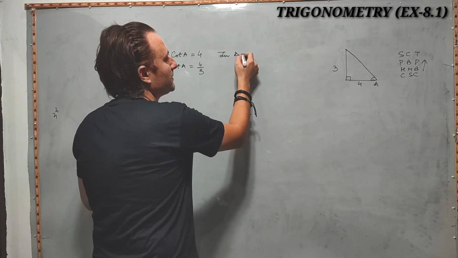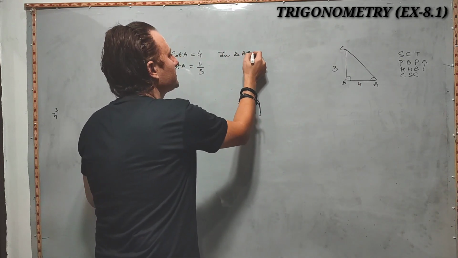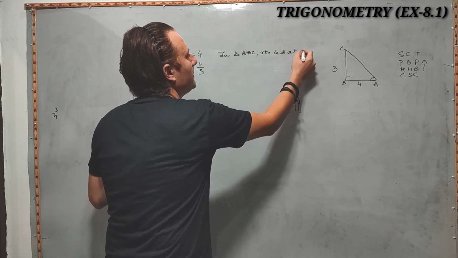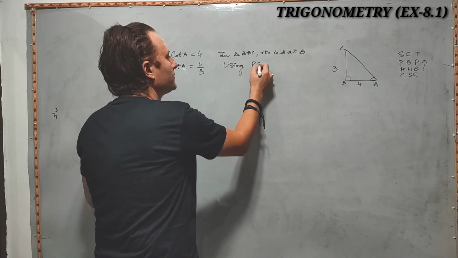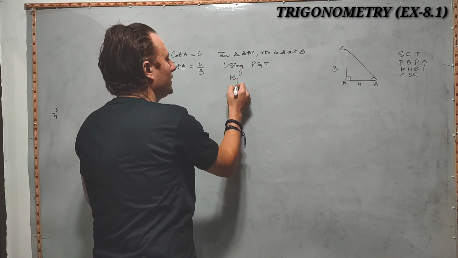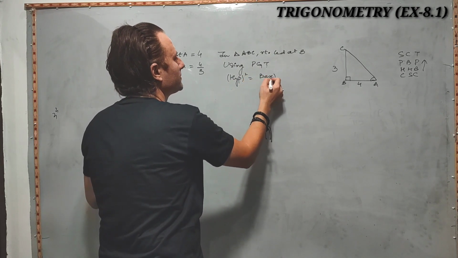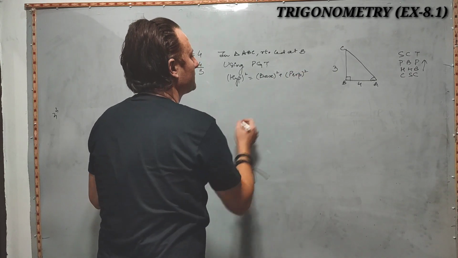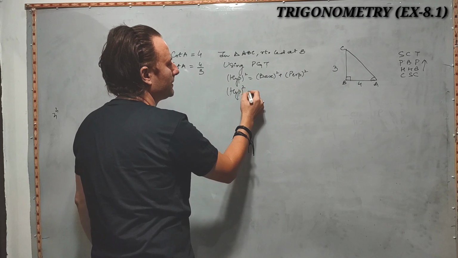In triangle, let's give a name here, ABC, right angled at B, using Pythagoras theorem, hypotenuse square is equal to base square plus perpendicular square. So hypotenuse, we don't know, let it be the way it is.